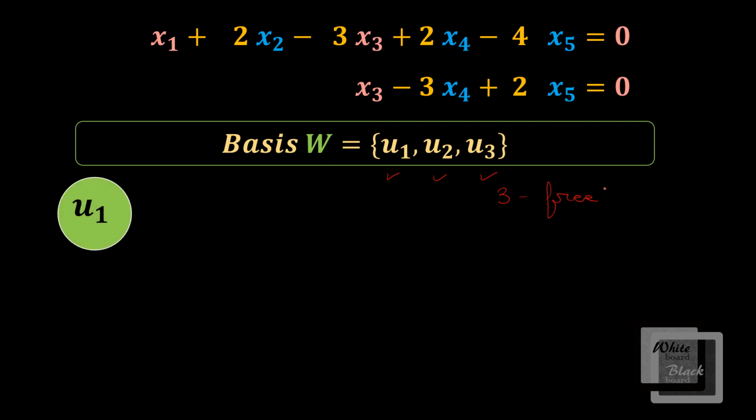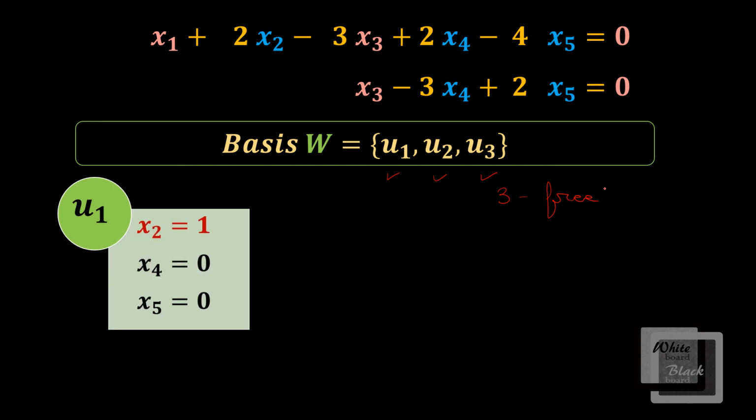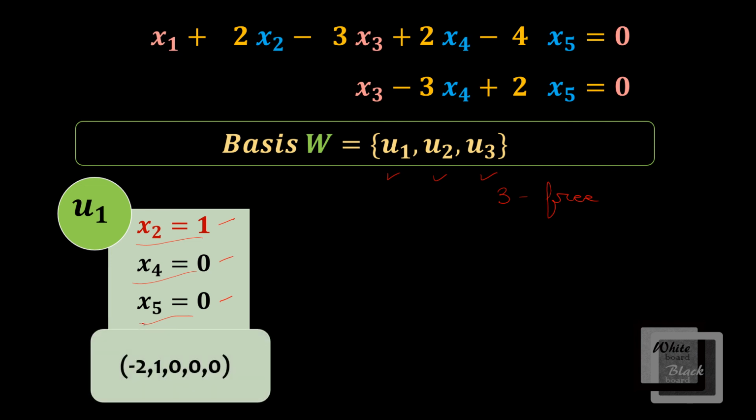So let us find u1. How to find u1? I will put the free variables as 1, 0 and 0. Put x2 equal to 1, x4 equal to 0, x5 equal to 0. You will get the first solution, u1, which is (-2, 1, 0, 0, 0).